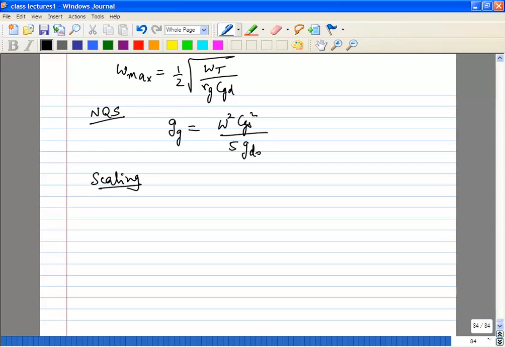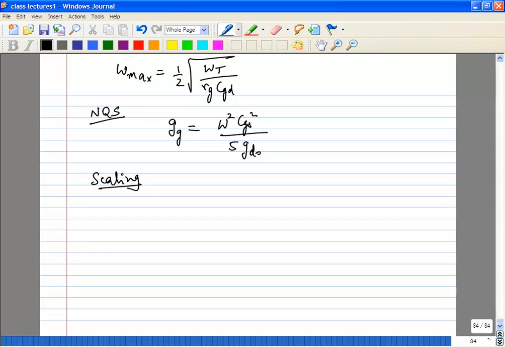So what happens when you scale the VDDs and the VTs by alpha, and you scale the dimensions by alpha, is that your electric field in the device stays constant. So it's also called constant field scaling.